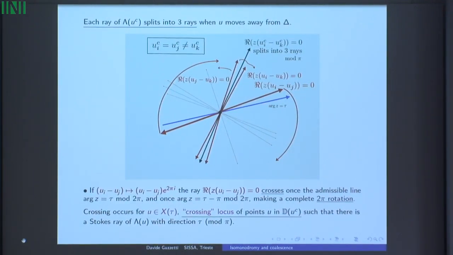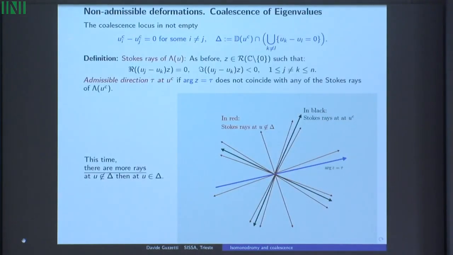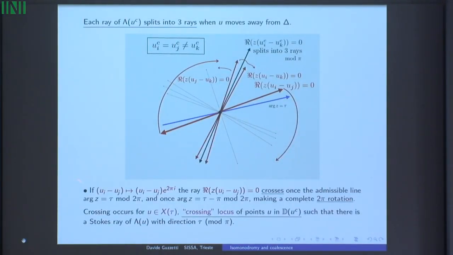So no matter how small the polydisk is, from the very definition of Stokes rays, here you see, you have ui minus uk. So here when you do a loop around, so here it was i and j coalescing. When you do a loop around ui and uj, this ray will make a full turn of 2 pi.